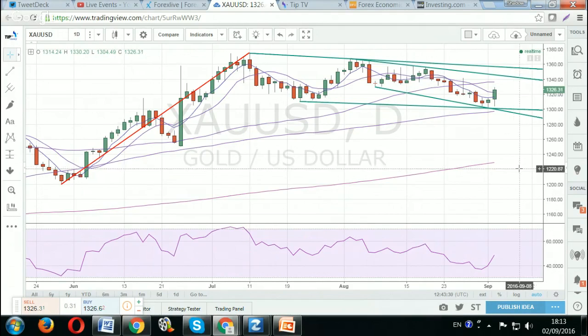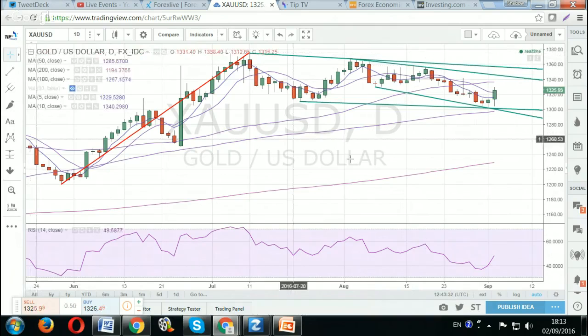We also have the 100-day moving average around 1297. So anybody interested in shorting the metal needs to wait for a daily close below the 100 DMA, and that would open doors for sharp losses. And as of now, as I said earlier, I would prefer to go long.